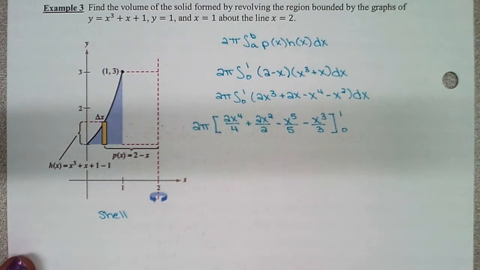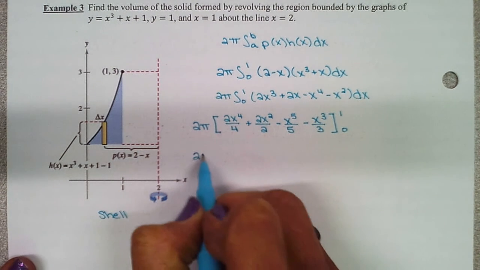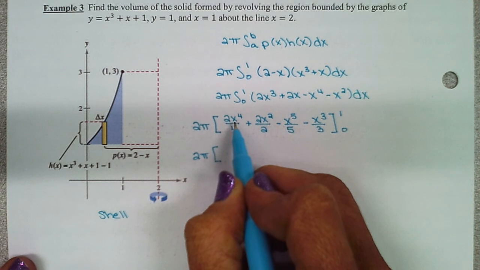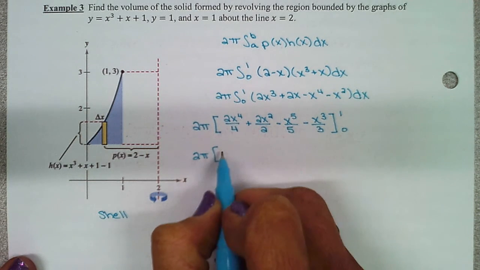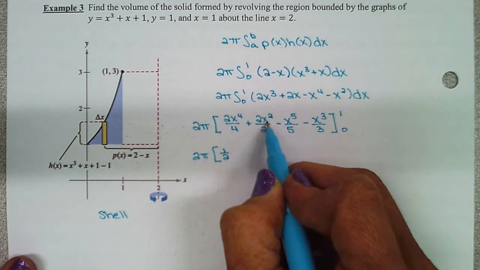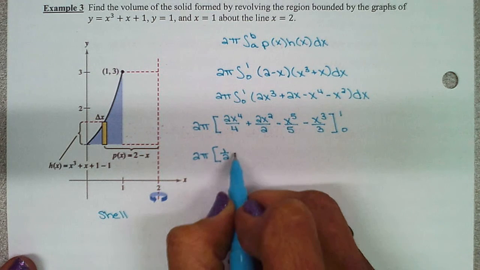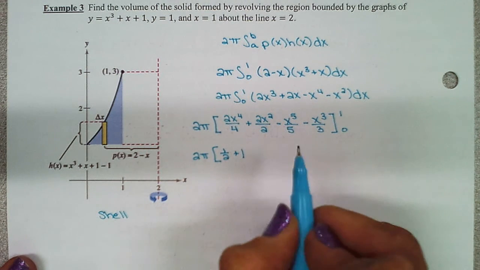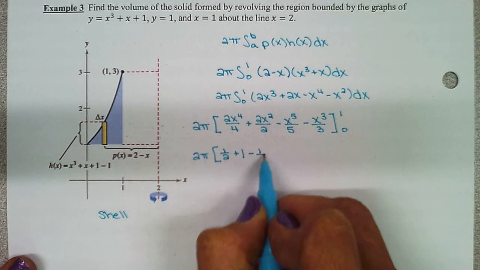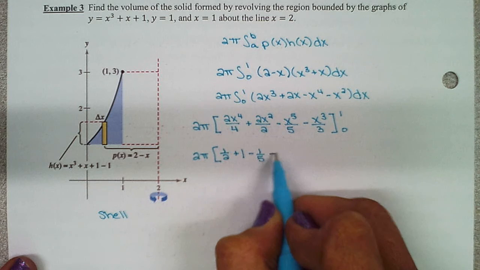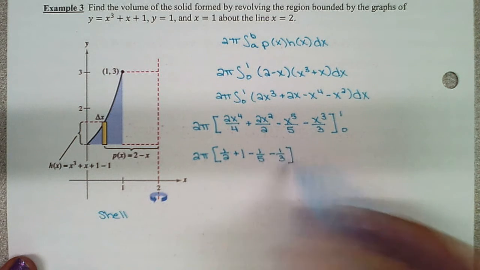Now, if I start plugging in those values, my upper limit, 2 times 1 to the 4th is going to give me a 2. 2 over 4 reduces to a half. Here, a 1 squared is 1, times 2 is 2, and 2 over 2 is 1. Here, 1 to the 5th is just 1, over 5 is a minus 1/5. And here, a 1 cubed is just a 1, over 3 makes a minus 1/3.